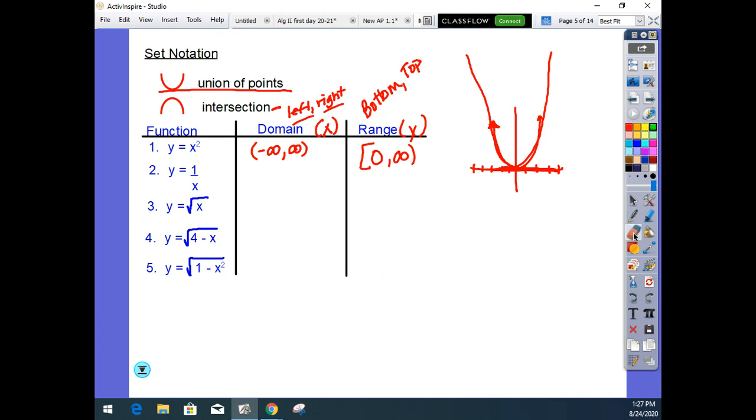Okay. People forget how to graph 1 over x. We call this a rational function because it's creating a ratio. 1 over x, anytime your x is in the denominator, you're going to have asymptotes. This is the most basic rational function.